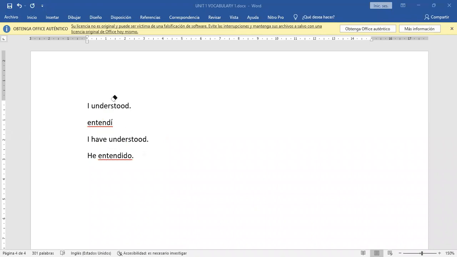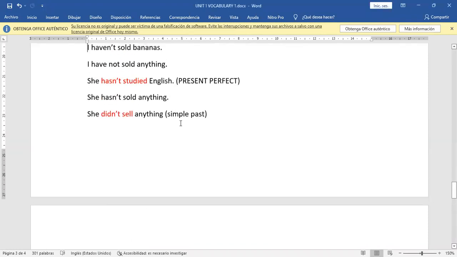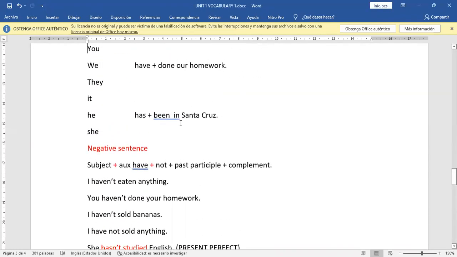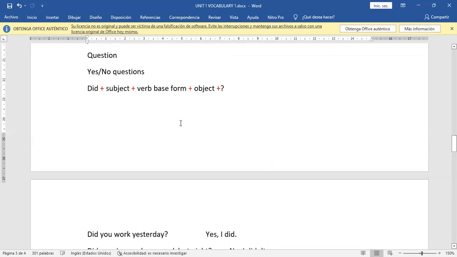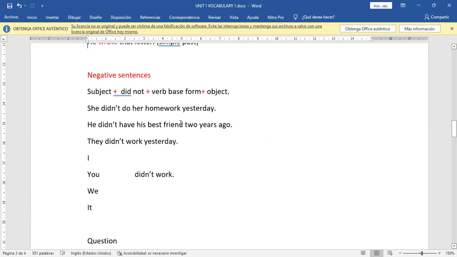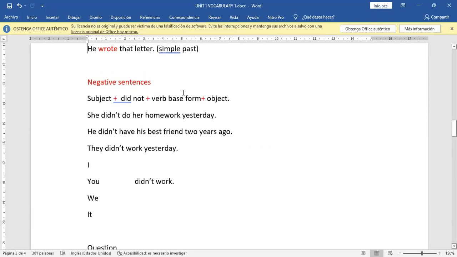Good. Well, that is another difference, my friends. Another difference is that in the simple past, we use these time markers: yesterday, 2 years ago, last night. Those are markers for the simple past.